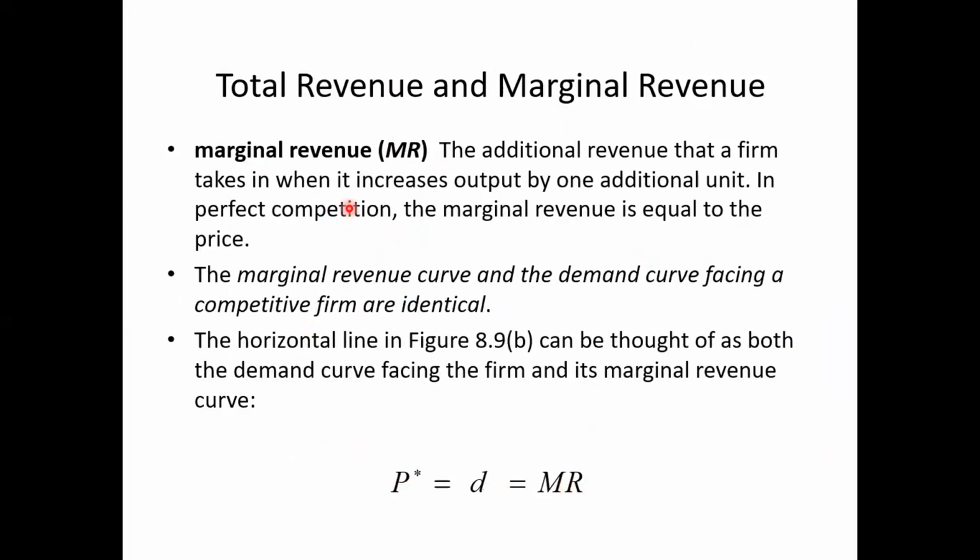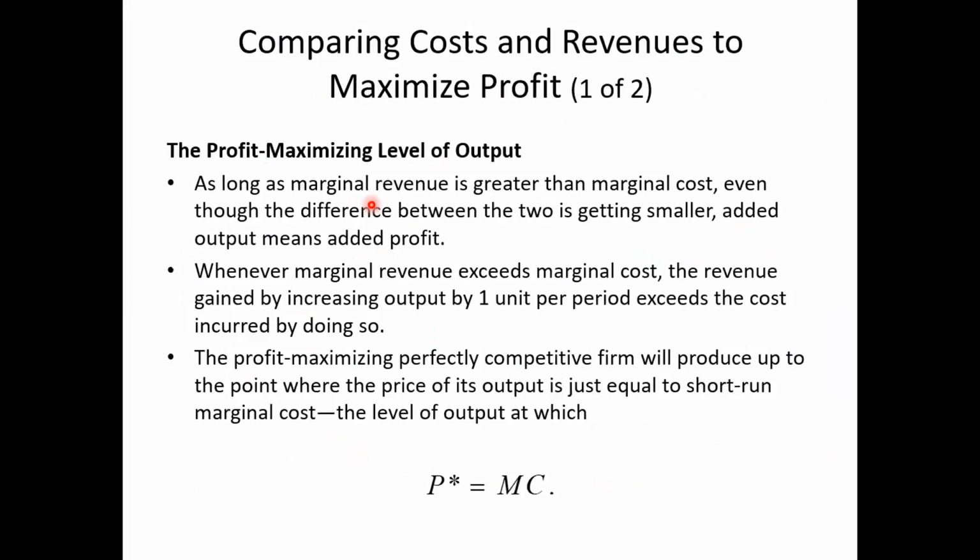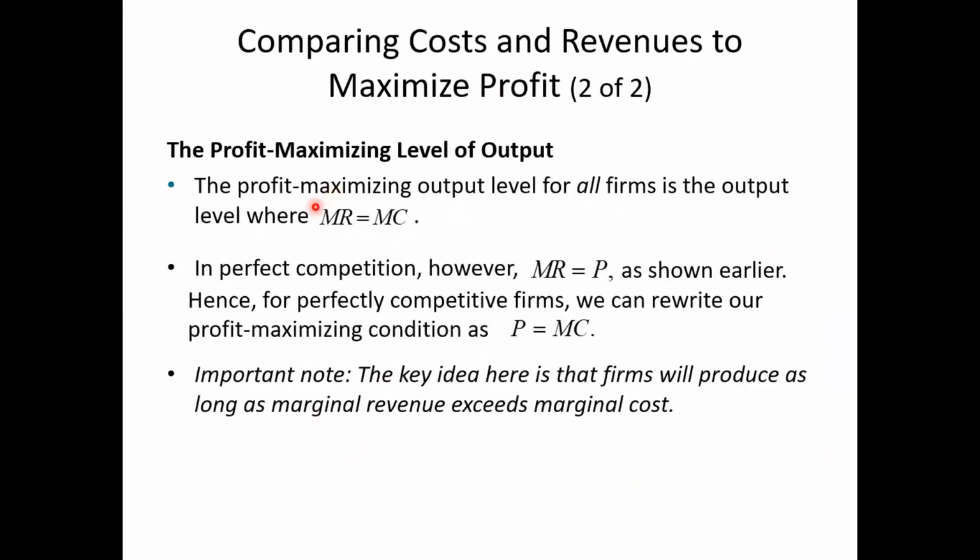Now guys, this only works in perfect competition. If you're in any other industrial structure, it's not gonna work. So the profit maximizing point in perfect competition is where price equals marginal cost. But that's only because price equals marginal revenue. Marginal revenue equals marginal cost will work for all firms, period.